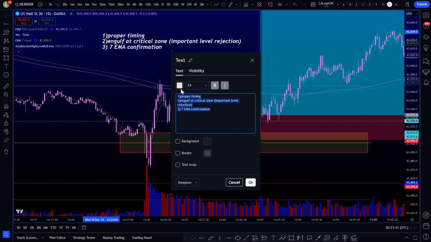So that could be one, but say you don't use EMA, right? Say you want to use another one. So instead of EMA, you're going to use a different confirmation. You can use volume.